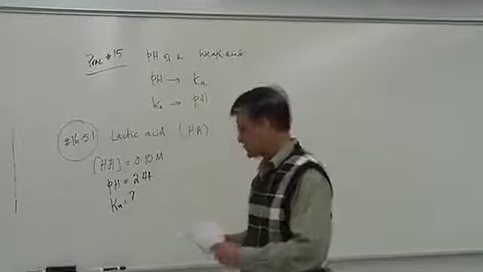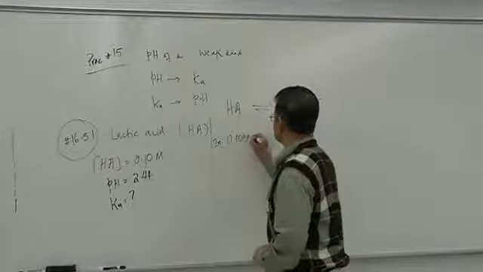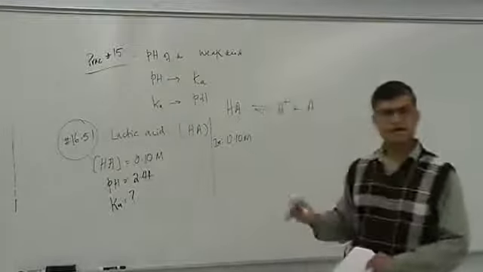Since this is not a strong acid, it's a weak acid, it will break down only partially. Out of some hundreds, maybe a few of them would break down into H plus and A minus. So the initial value given in the problem is 0.10 molar. When you just put that acid in solution, it doesn't get enough time to break down.